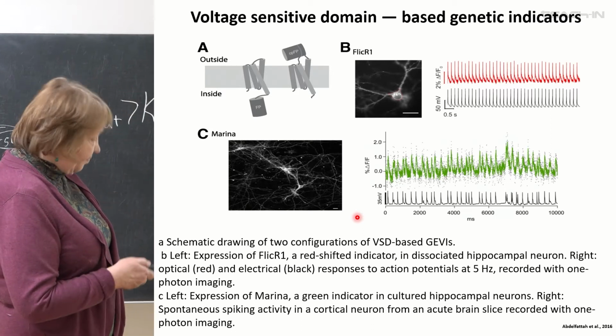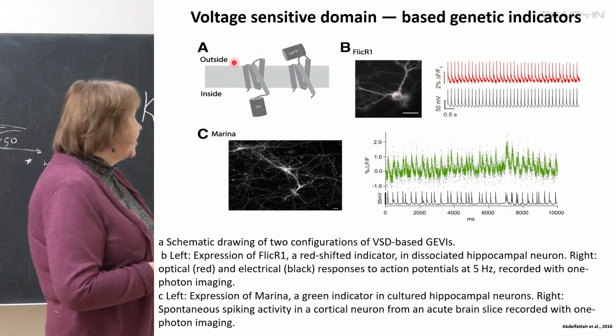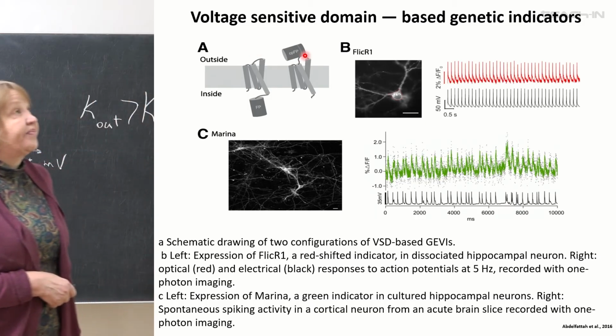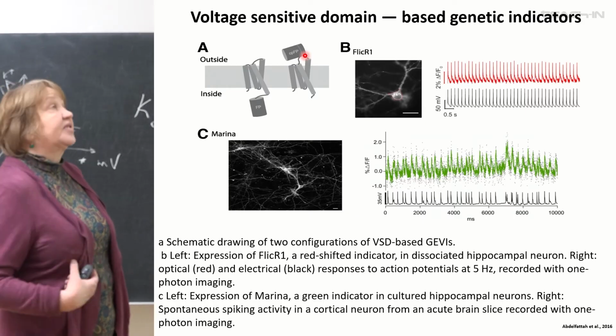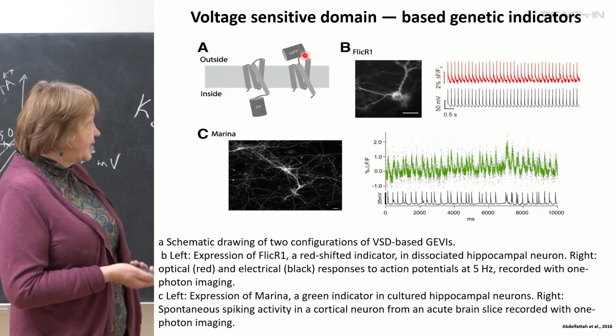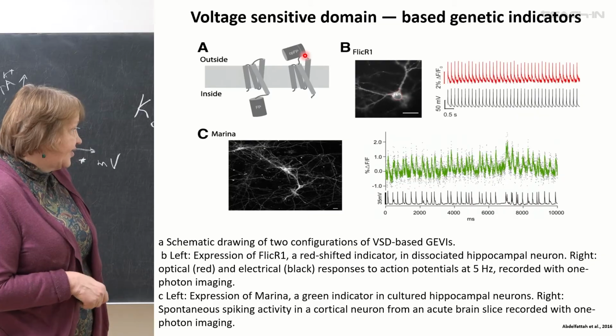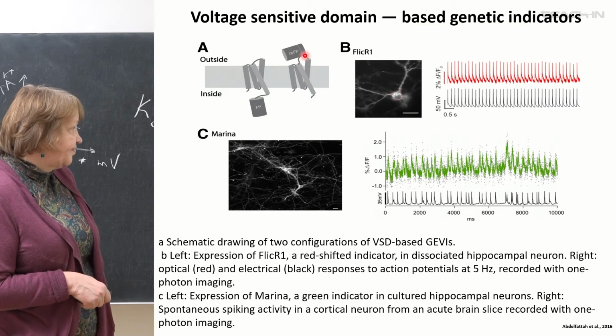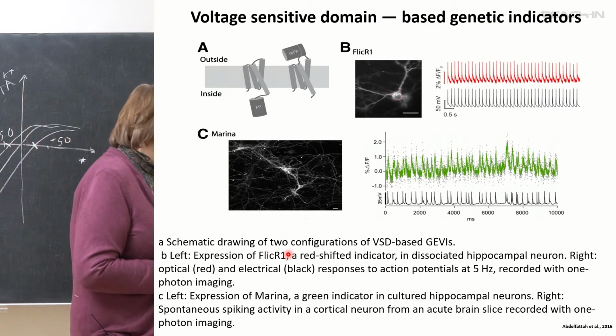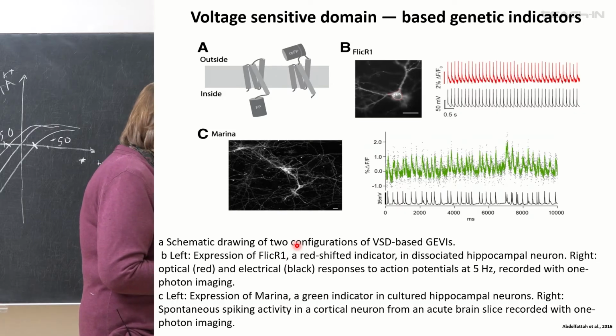So some of them can have fluorescent protein outside the membrane, some of them can have it inside the membrane, and this is, for example, Flicker 1. It's a red-shifted indicator in neuron.